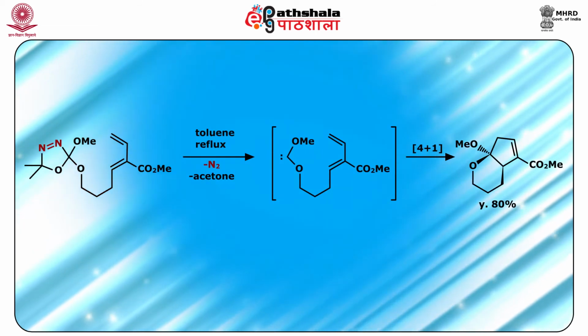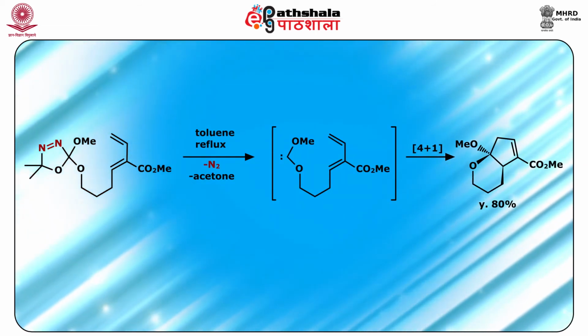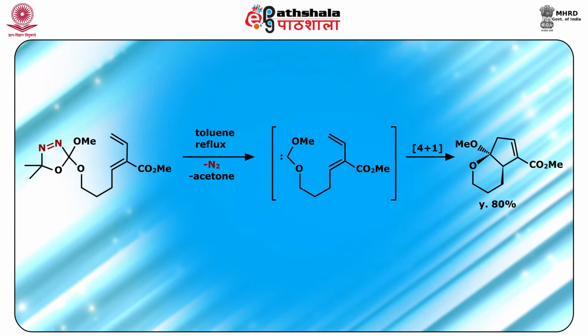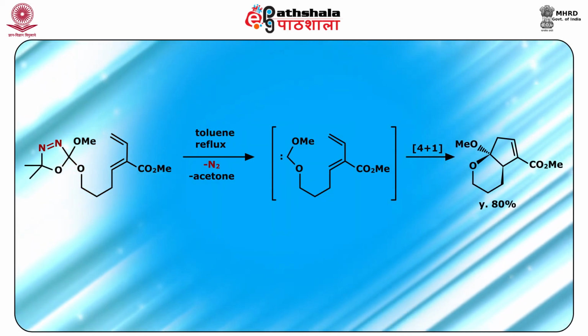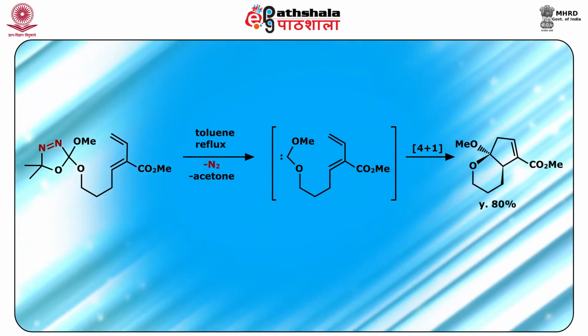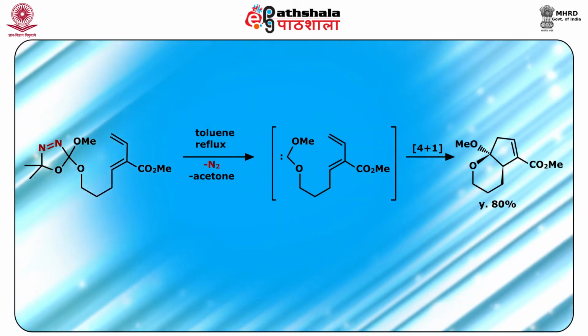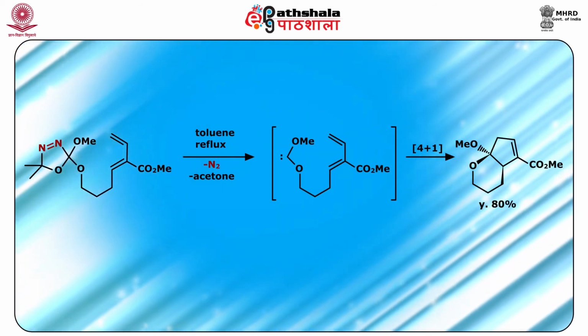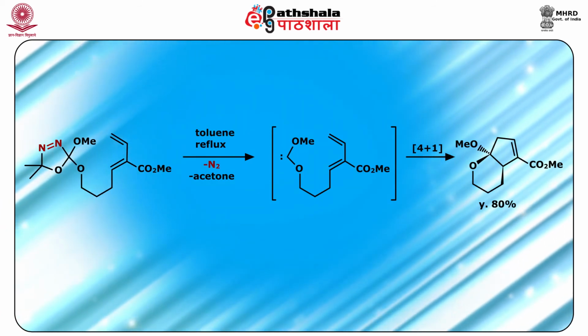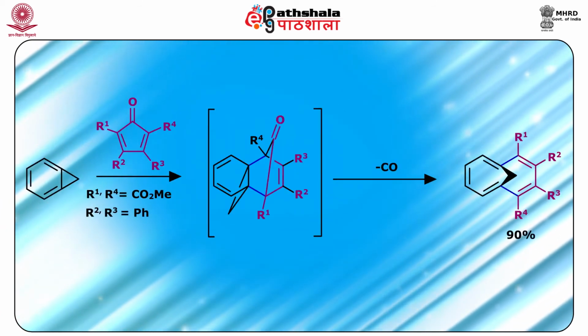The 4+1 cycloaddition between a carbene and a diene gives a cyclopentene adduct. For example, heating a bis-heteroatom carbene and oxadiazolene gives diastereomerically pure acetal in 80% yield.